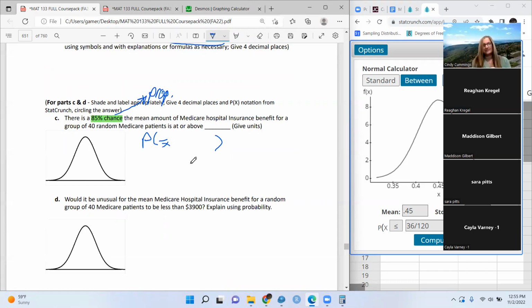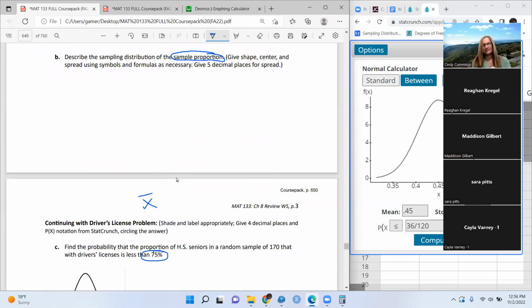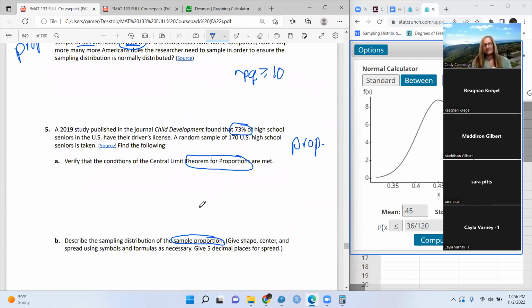So that's one other layer of complexity, keeping track of whether the percentage is a probability like it is there, or is the percent. So here's another case that it's a probability, but we said the word proportion up here. And then way back here, this percentage is not a probability, although we could treat it as one. It's a percent of high school seniors.